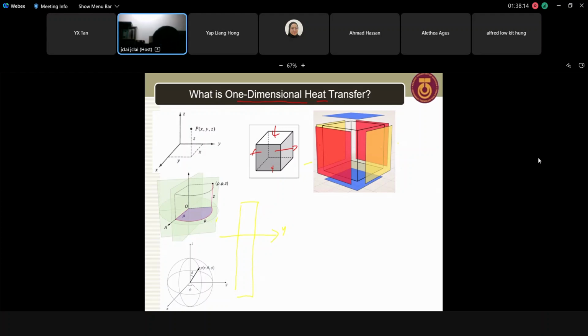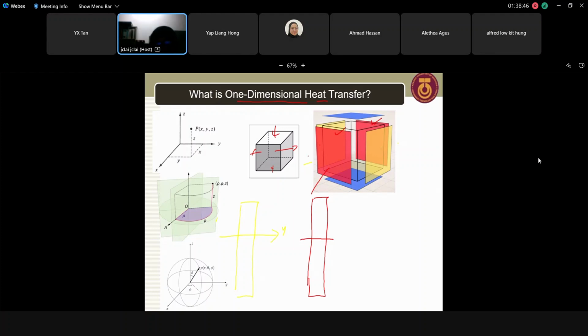And let's see, the same thing is actually applicable to these two surfaces, 1 and 2. If we draw the cross section, let's say we take this plate, heat is transferred from inside to outside.